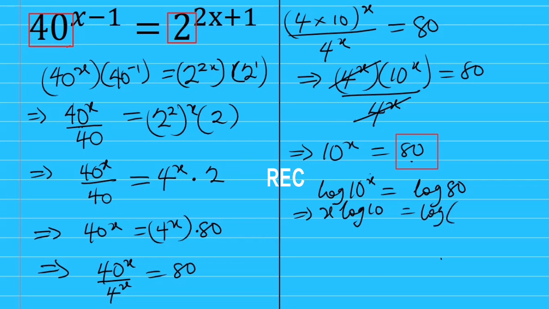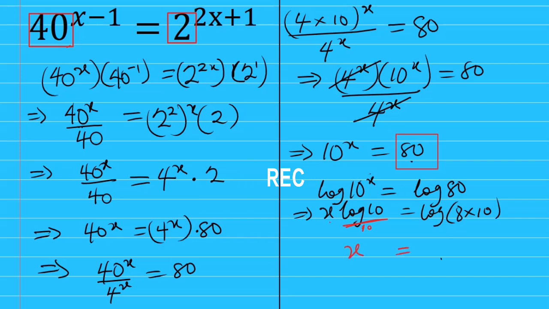And remember, we can write log 80 also as log of 8 times 10. This is log 10 to the same base: this is base 10, this one is base 10, so that will give us 1. So x times 1 will also give us x.